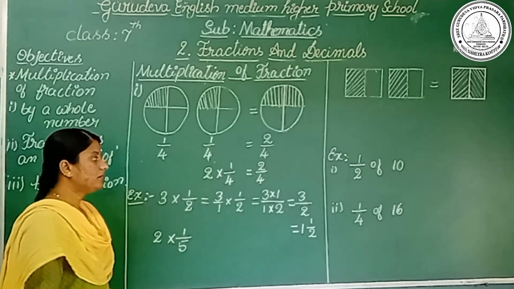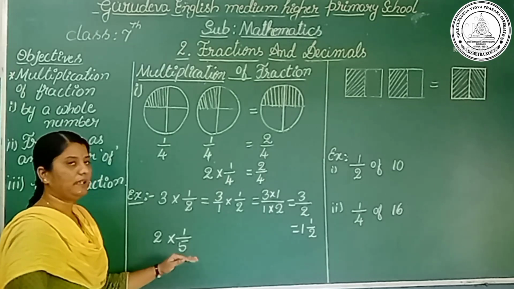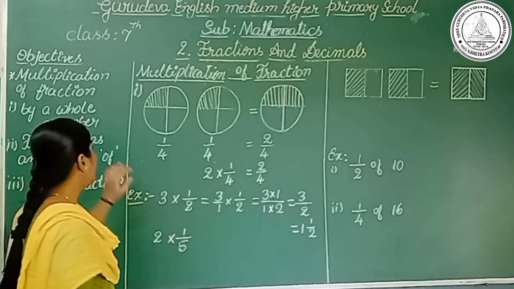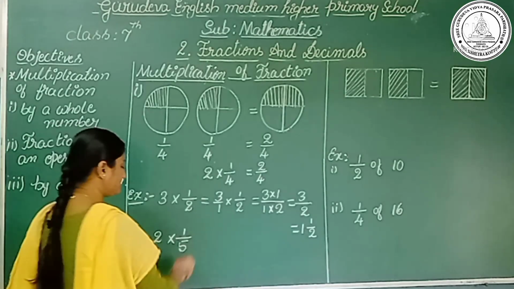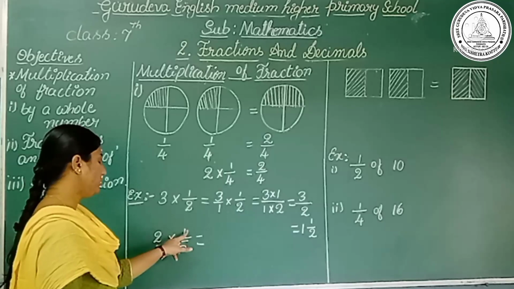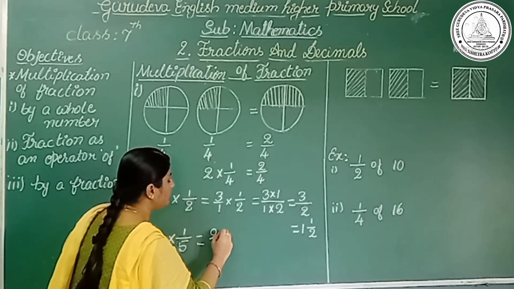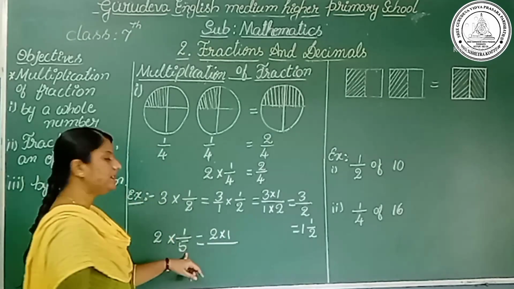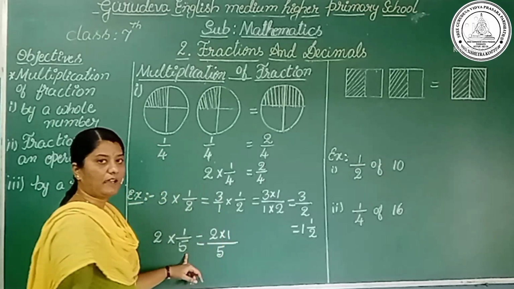We can also multiply the numerator to the numerator and write the denominator as it is, while multiplying a fraction by a whole number. Just multiply the whole number with the numerator: 2 into 1, divided by the denominator, which is written as it is, that is 5.